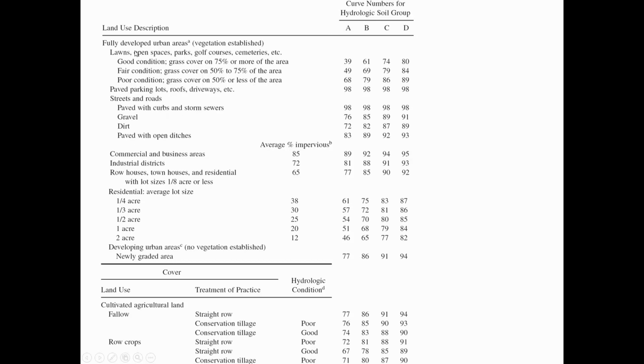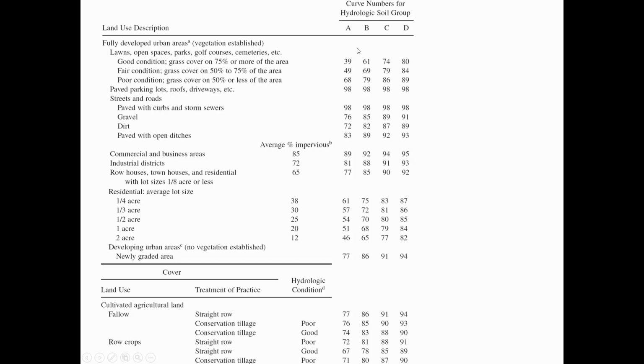So you can see, for instance, that in an urban area that has lawns that are in good condition, you would go over here, and here's a description of what they mean by good condition, that the grass is covering 75% or more of the area. So depending on what soil is underneath that grass, the curve number is going to vary.